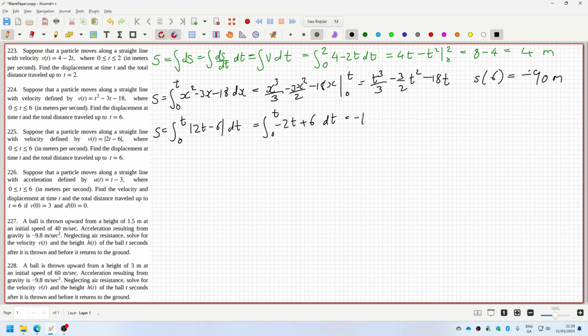That would be minus t squared plus 6t, 0 to t. I should have used a different letter, doesn't matter. Minus t squared plus 6t. So s at 6 would be 0 meters.